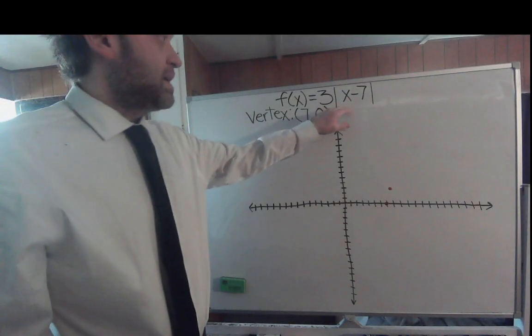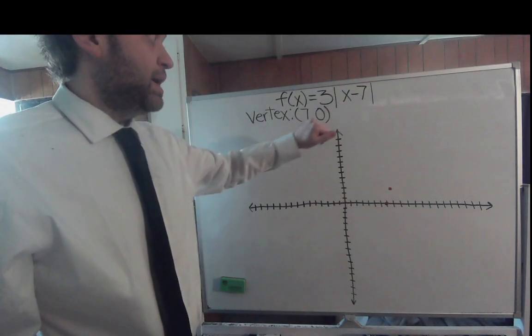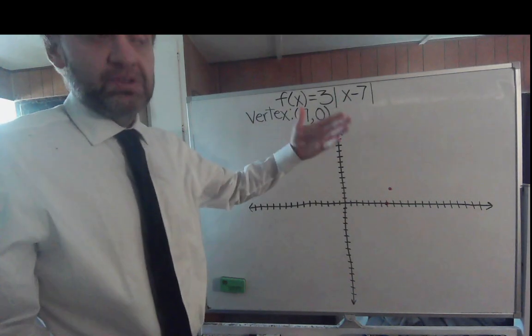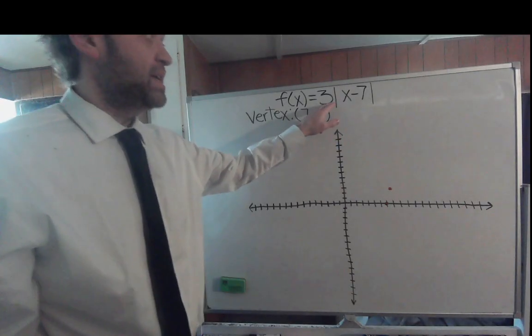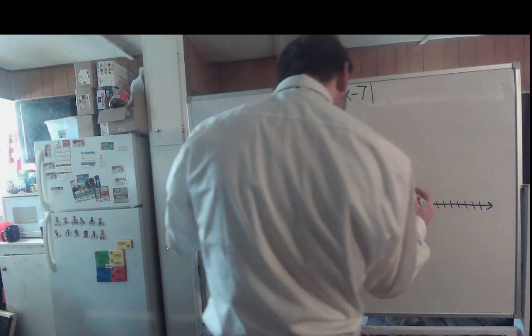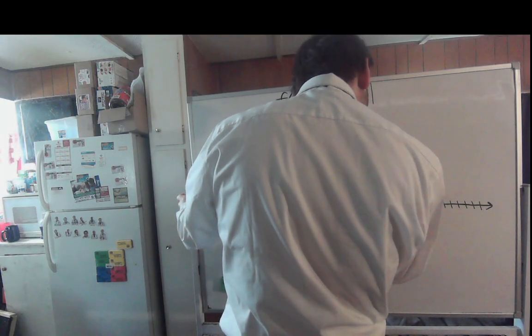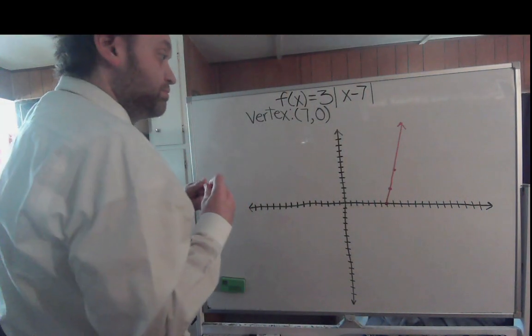So if I take x equals 9, 9 minus 7 is 2. The absolute value of 2 is 2. Take that times 3, you would get 6. So I'd be at the point 9, 6. Let's draw this half of the absolute value graph.